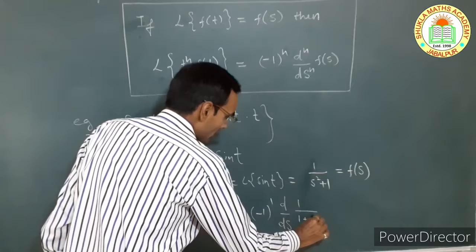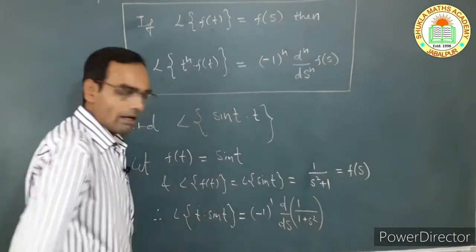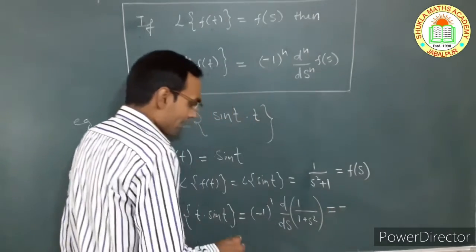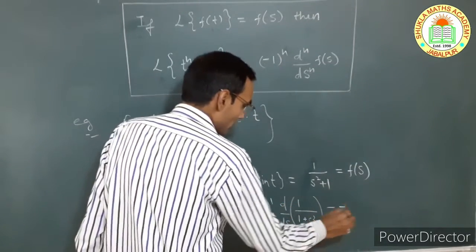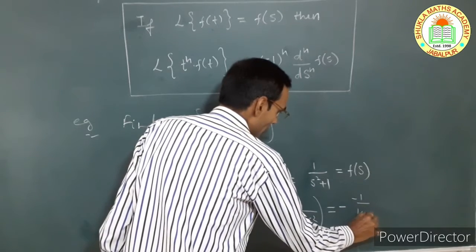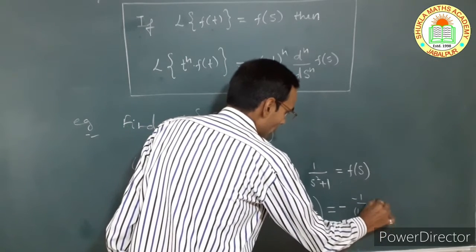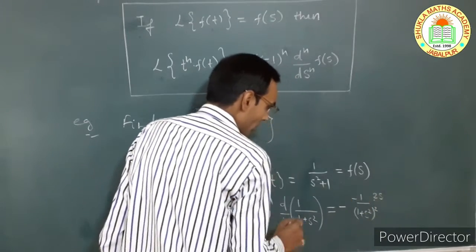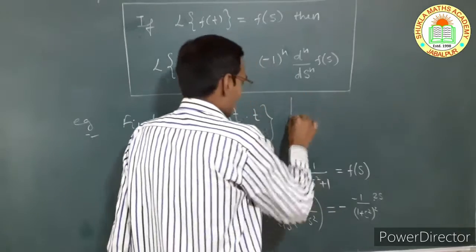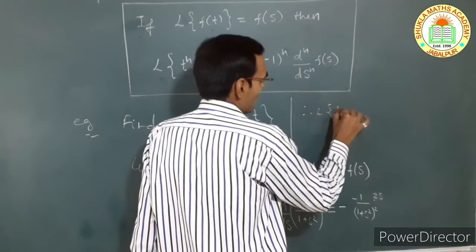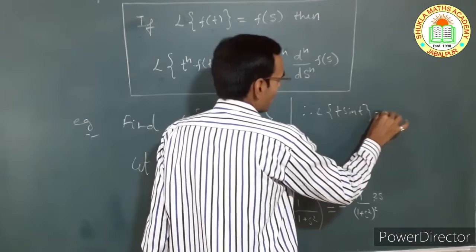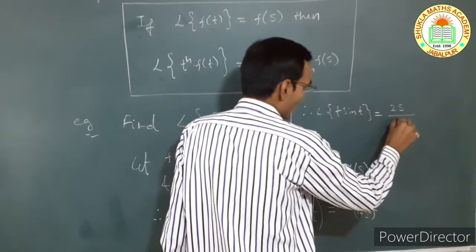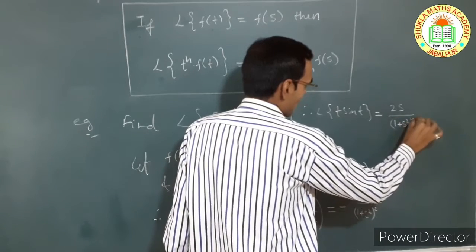Our F(s) is 1 upon 1 plus s square, and it becomes minus 1 raised to 1, which is minus, times the derivative of 1 upon 1 plus s square, which is minus 1 upon (1 plus s square) whole square, into the derivative of 1 plus s square, that is 2s. So finally the Laplace transform of t into sin t becomes minus into minus, that is plus 2s upon (1 plus s square) whole square.